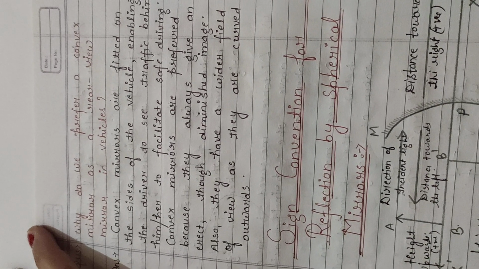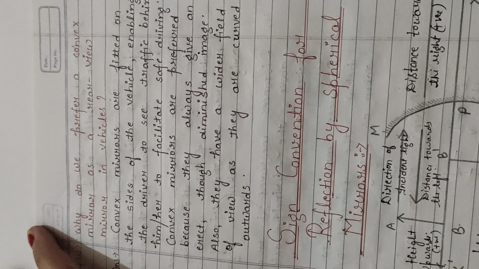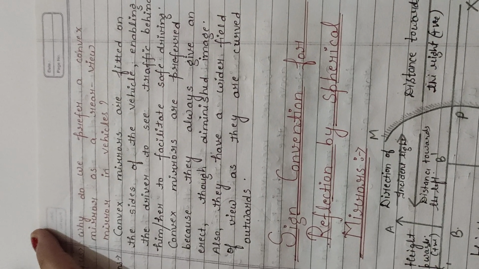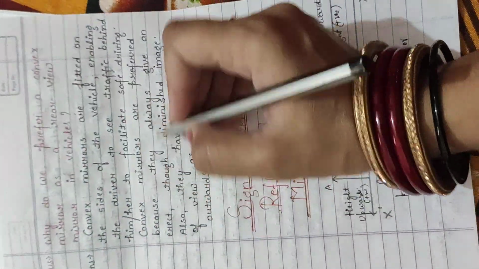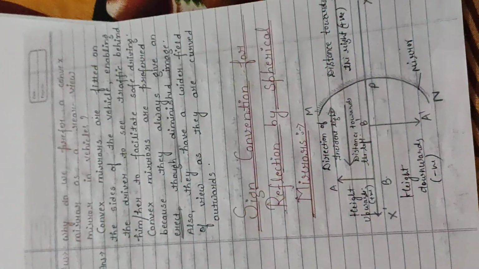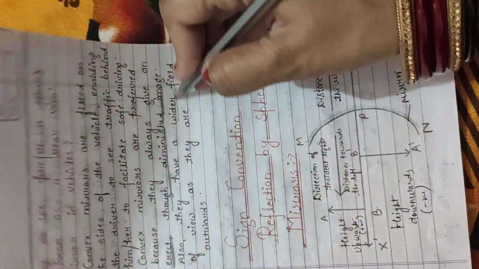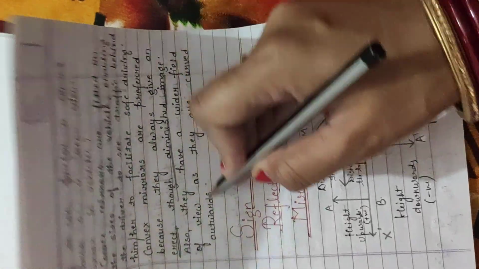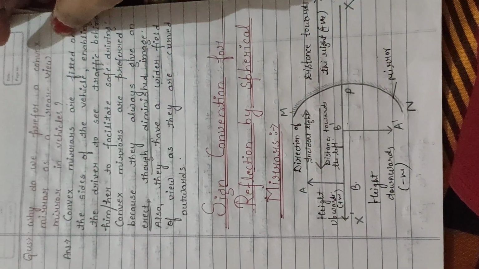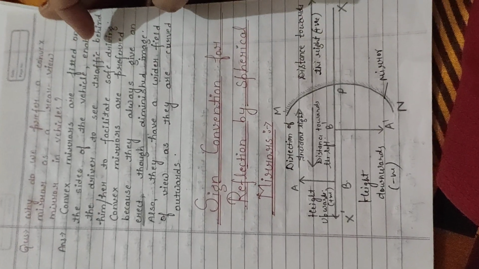To facilitate safe driving, convex mirrors are preferred because they always give an erect, though diminished image, and they also provide a wider field of view as they are curved outwards. This is the keynote of the term; you can underline it. These are the common uses of the concave and convex mirror.